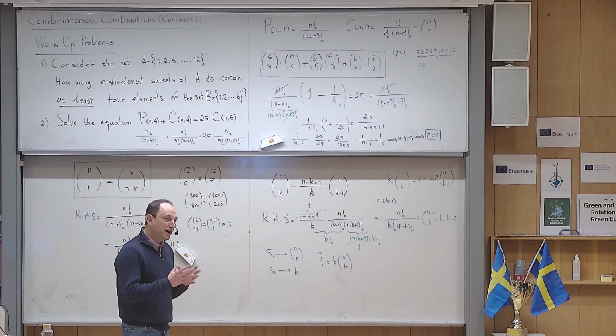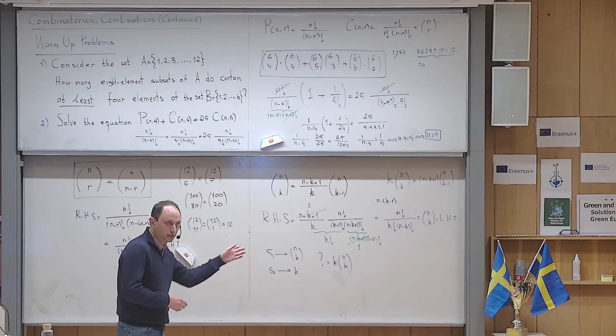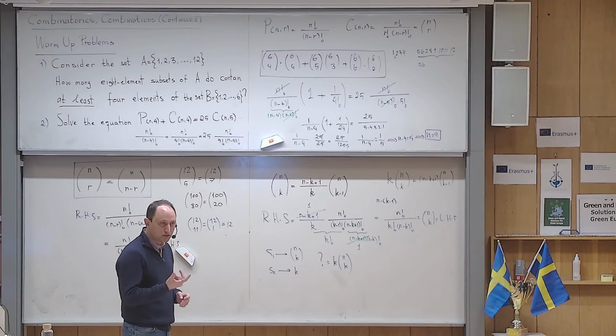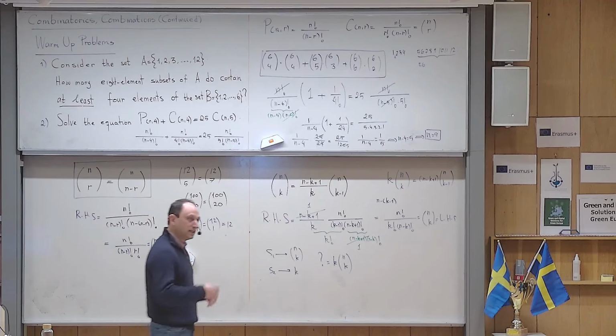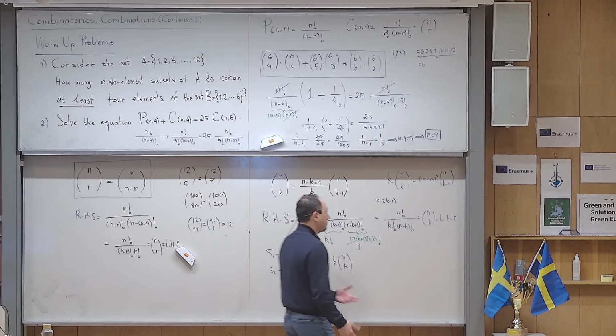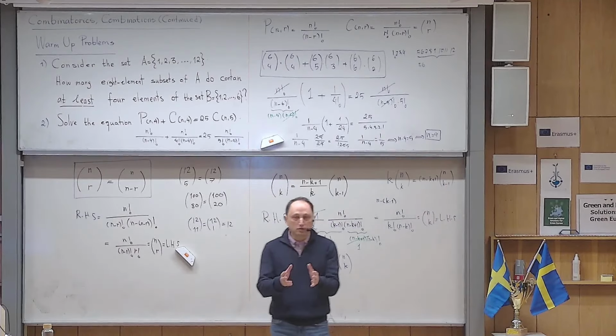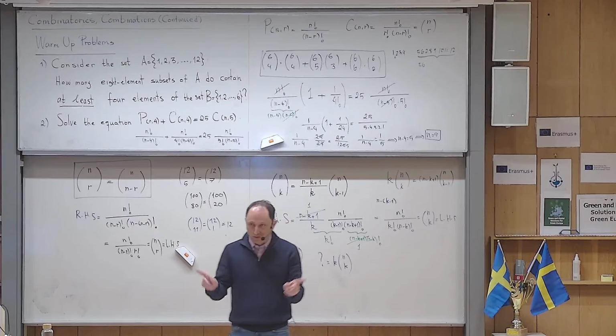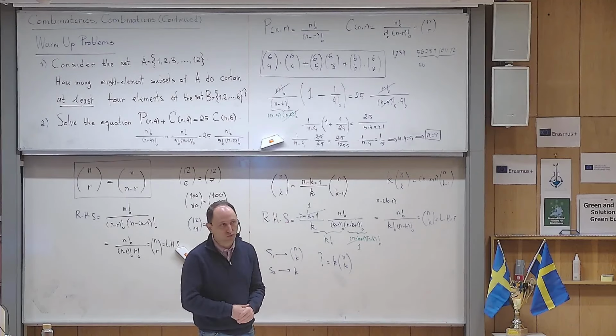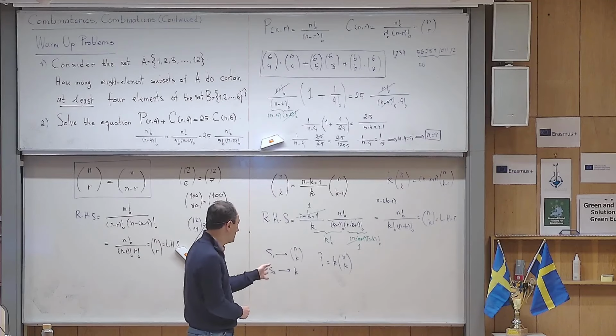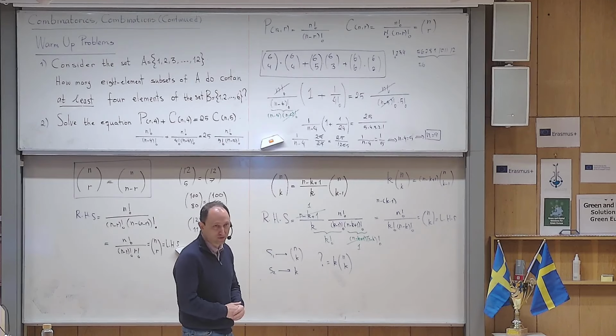But now you have to keep the same story, but count it slightly differently in a way that the second method gives rise to this combination. And then, of course, because you are doing the same story in two different ways, the answers should match. Okay, I did one part. I'm waiting for you to do the second part for me.